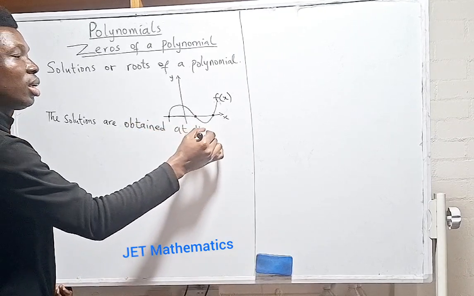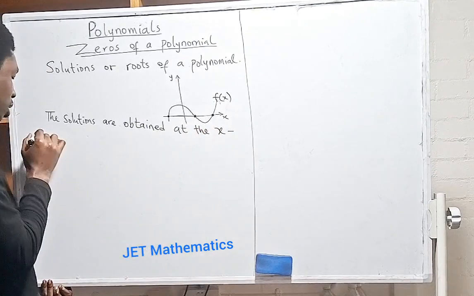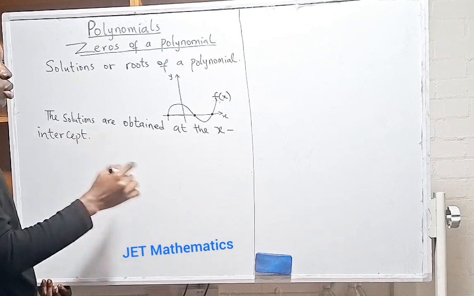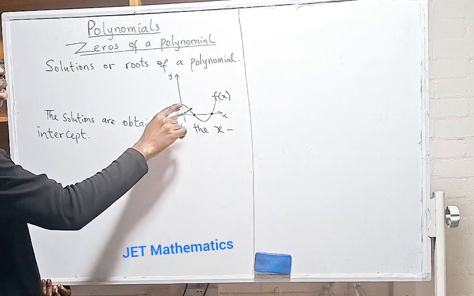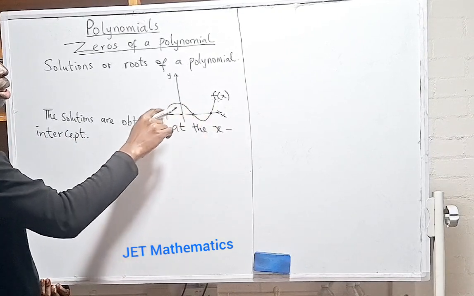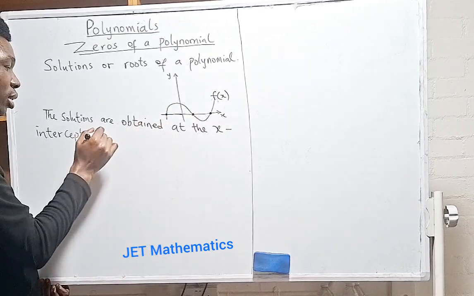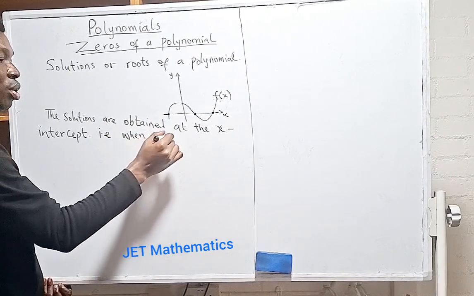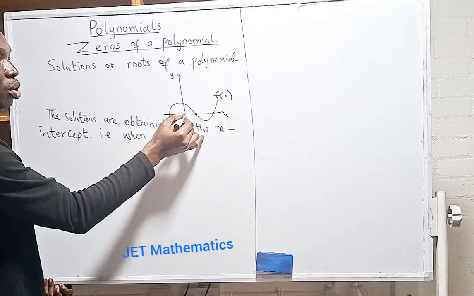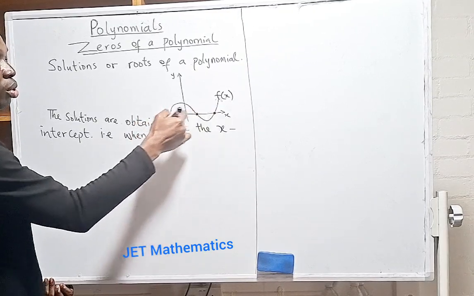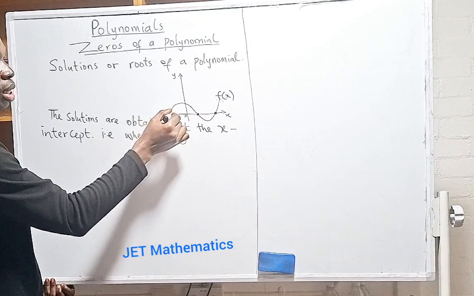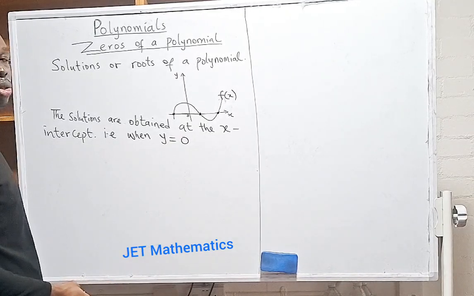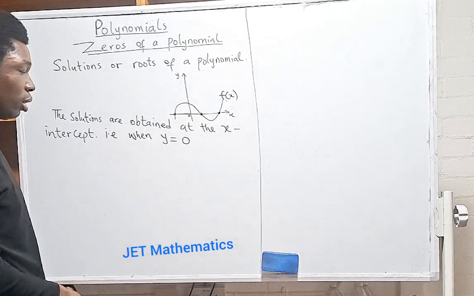The solutions are obtained at the x-intercept, that is when y is equal to 0. So at this point, y is equal to 0. All the intercepts on the x-axis give you the zeros of the polynomial.